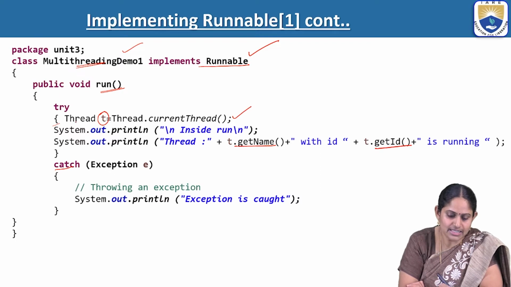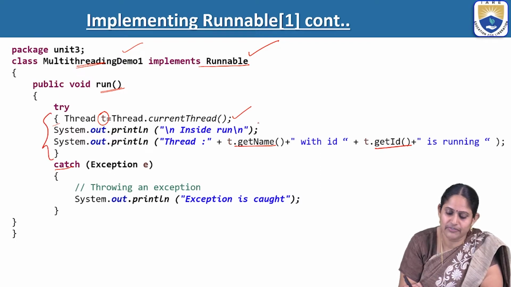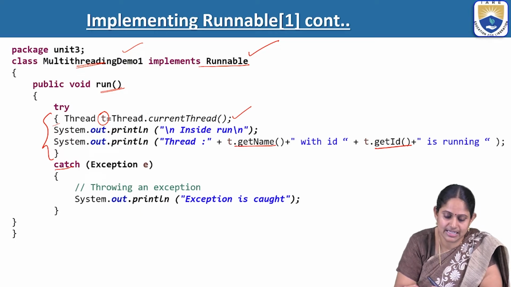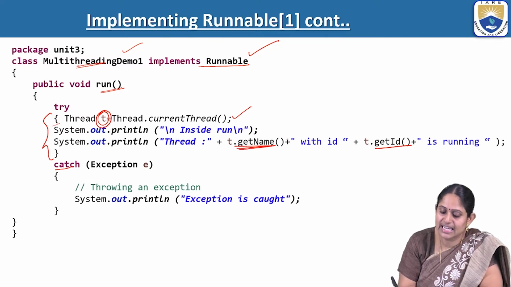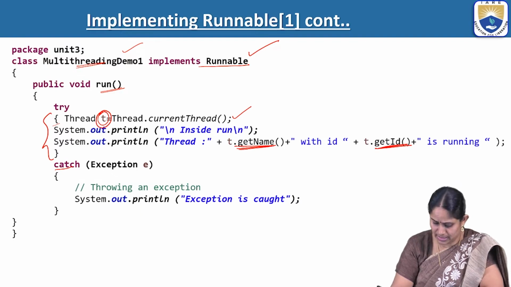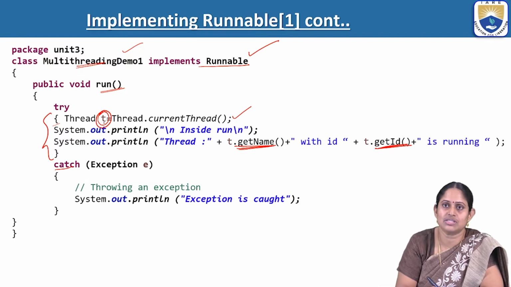So we are creating a reference to that thread, and we are retrieving the name and ID of that particular thread. In case it throws an exception, we are handling it inside the catch block.